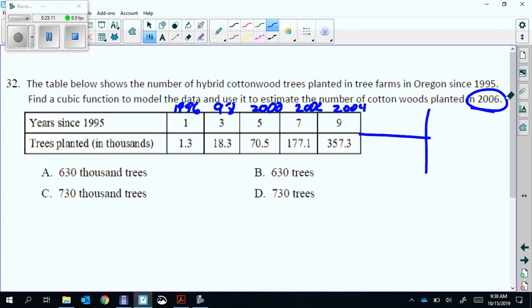So 2006 is 11 years after 1995. So we're going to plug in 11 once we get the equation. But we first need the equation. So let's type in this data right here to our calculator.